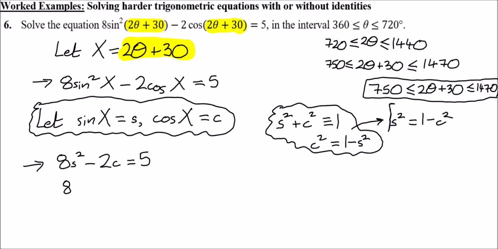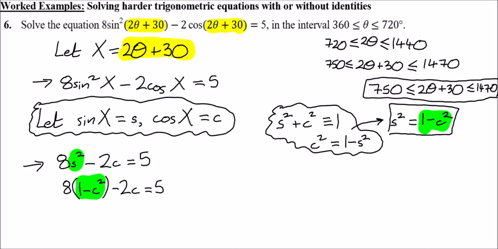So actually, we're going to be using this one here. We're going to replace s squared with 1 minus cos squared. So 8 lots of sine squared is the same as 8 lots of 1 minus cos squared, minus 2c equals 5. As I say, just replacing sine squared with 1 minus cos squared by using that trig identity.